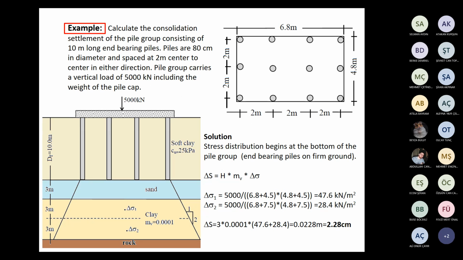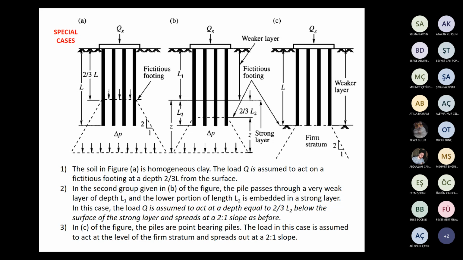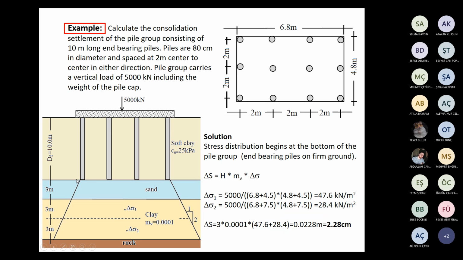And let us solve. So what does it mean? Our stress distribution will start at the end of these piles. In this figure, the stress distribution lines are shown and start from the end of the pile.